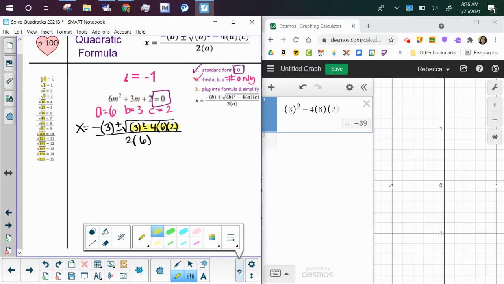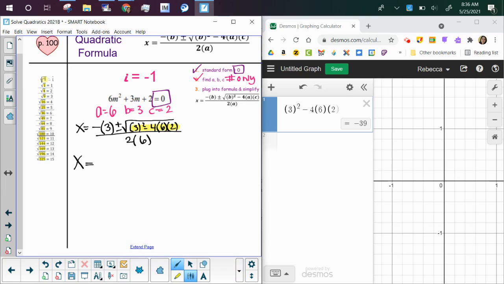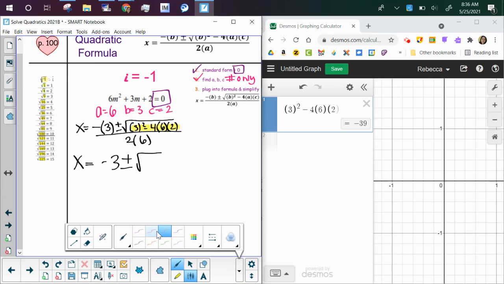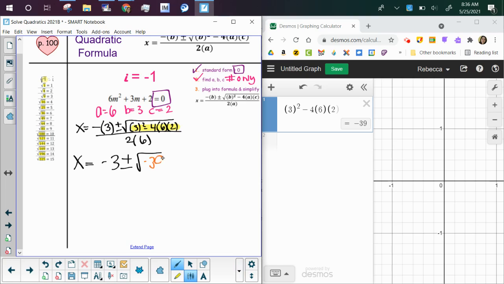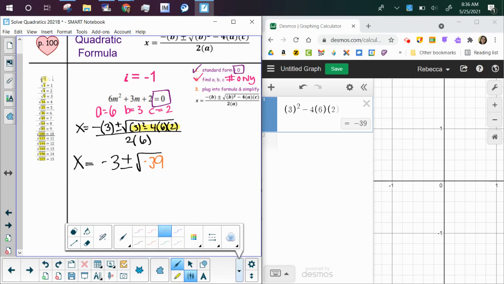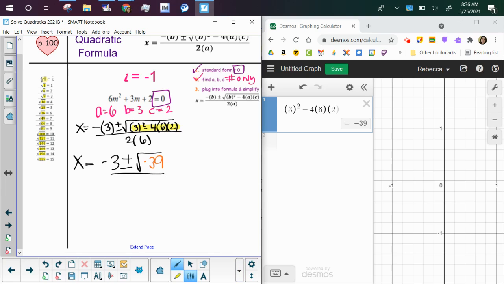So I got x equals the opposite of 3 plus or minus the square root. And now under the square root, instead of having that big monster of a thing, I've got -39. And it's all over 12 because I did 2 times 6.